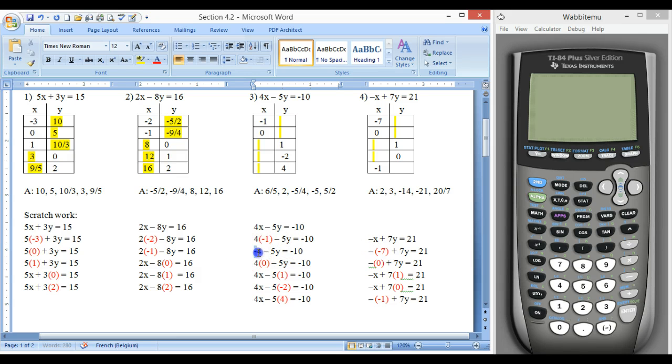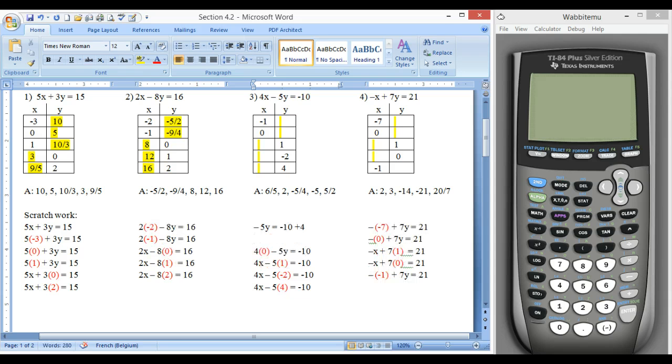And this negative out in front, to move it over or to cancel it out, I need to add 4. So it cancels out on that side, and I get an add 4 on this side. Now I have negative 5y equals negative 10 plus 4 makes negative 6. And then divide both sides by the negative 5. A negative divided by a negative makes a positive, so I get positive 6/5.